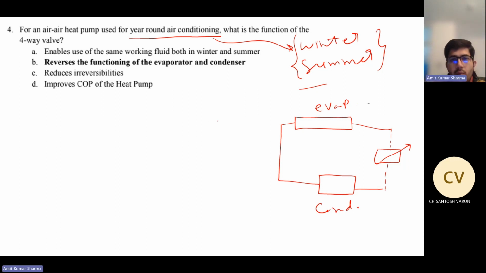Here, suppose 1 is the evaporator, 2 is the condenser, and 3 is the four-way valve. This is a basic schematic. For a more detailed diagram, you can refer to the class notes. This diagram is just for the explanation of this question.